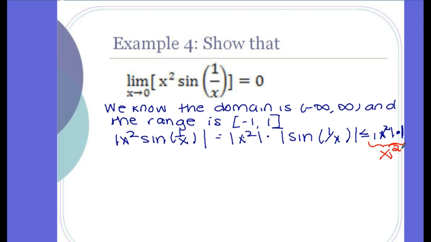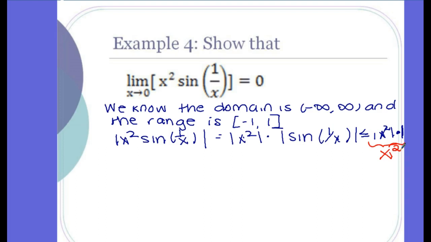If we wanted to sandwich that function then, what do we know about the opposite side of this? If the right side has to be less than or equal to x squared, the opposite side would be what? It would be greater than -1. Exactly, it would have to be greater than or equal to x squared times -1.